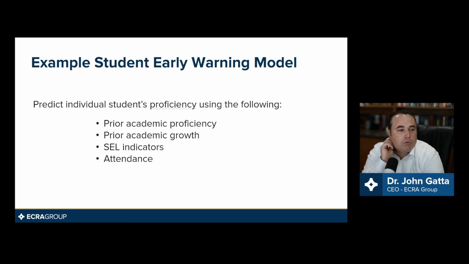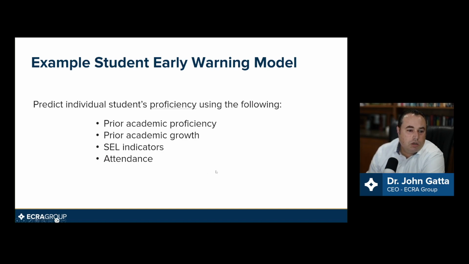Today we're going to look at predicting individual student proficiency rates using prior academic proficiency, prior academic growth, SEL indicators, and attendance. Basically, how do all of these indicators we've been collecting on students combine to give us better visibility into whether a student is on track to meet, let's say, state level proficiency a year from now?